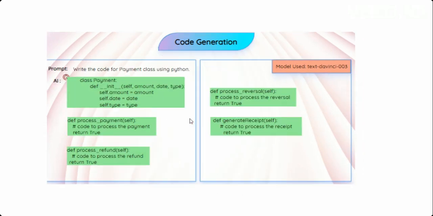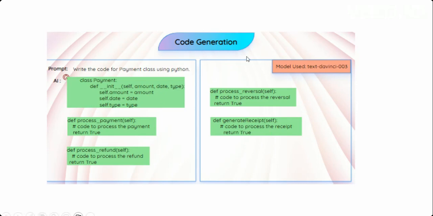So next, let's see the code generation. Now write Python code for the generate receipt method of the payment class. Previously we have seen a payment class, right? In the payment class, they have process payment, process refund, process reversal and generate receipt. Here they have a generate receipt, but they haven't given the complete code.